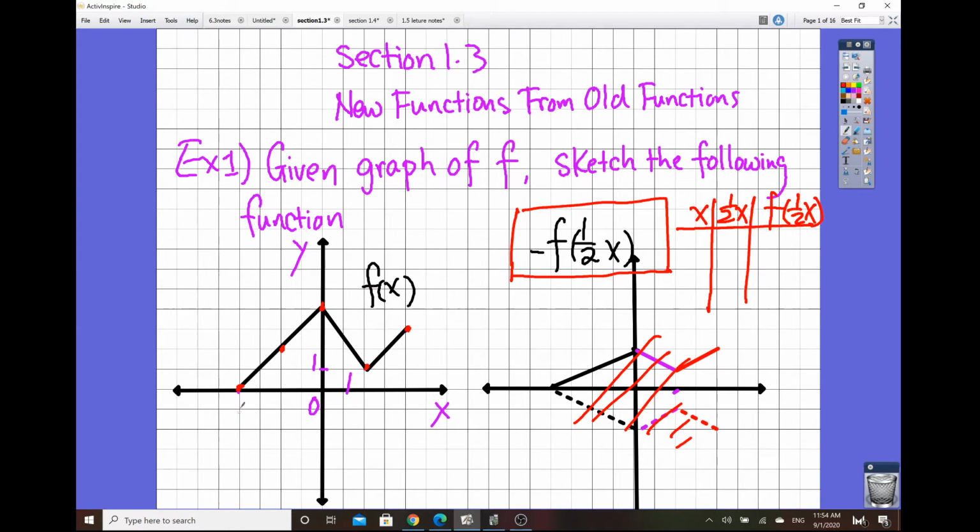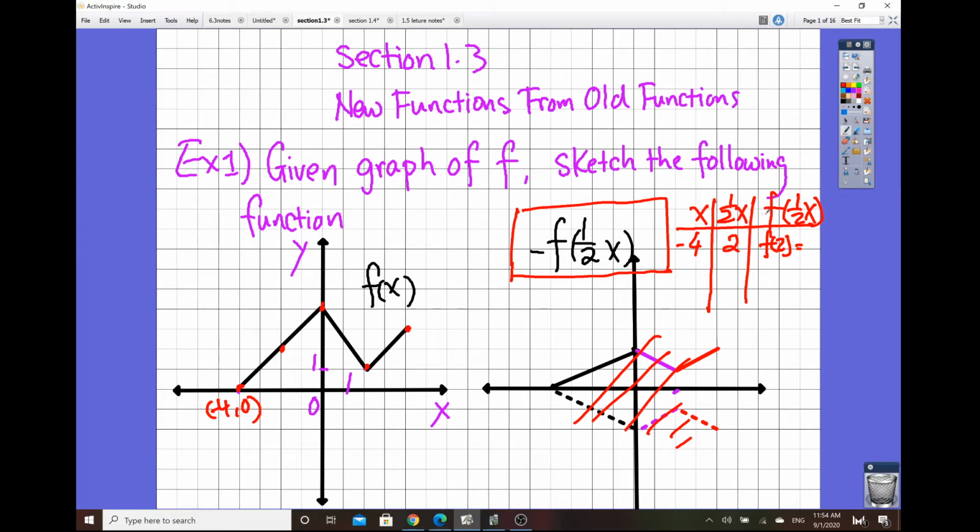For the first one, we have 4, 0. We started with 4 here. 1/2 times 4 is 2, so we need to find f of 2. According to the original function, f of 2, well actually this one is negative 4, excuse me, let's start over.